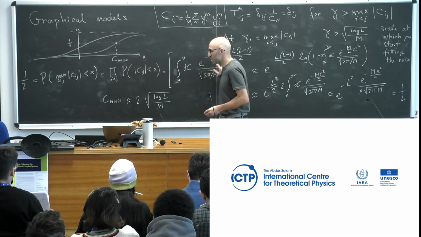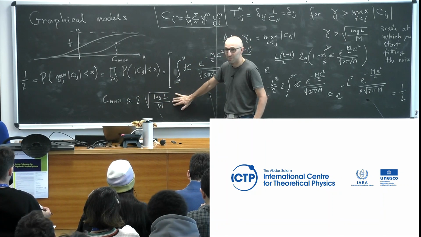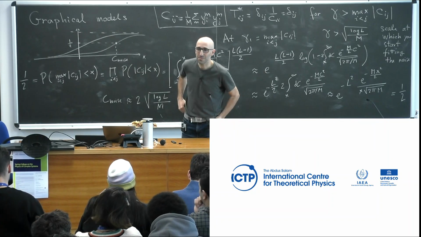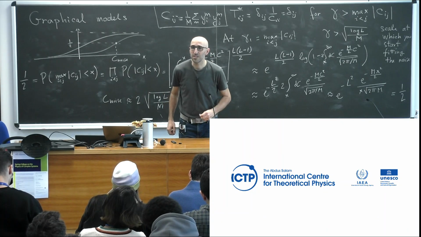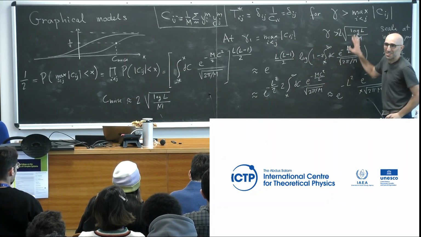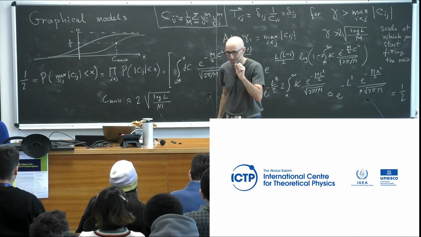By this argument, I'm saying it's a random number, but of the order of this thing. It's just an order of magnitude, so the prefactors should be there.